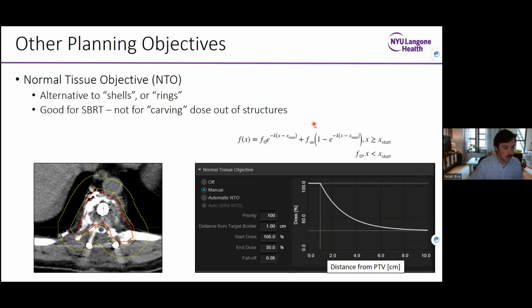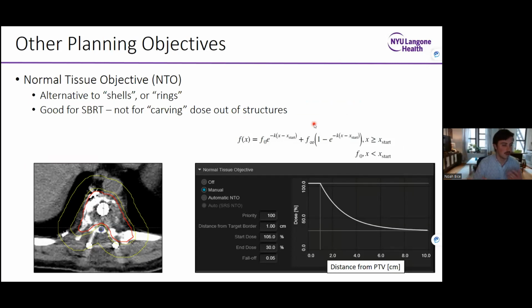Another useful optimization objective, which is implemented in Eclipse for sure, is the normal tissue objective. It's an alternative to the conventional shell or ring structures, which help to improve conformality to the target.